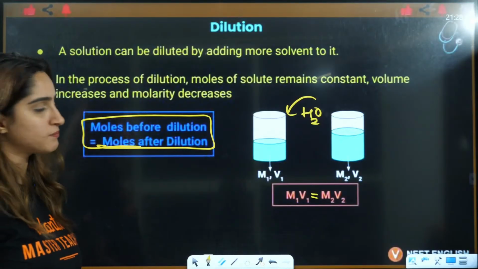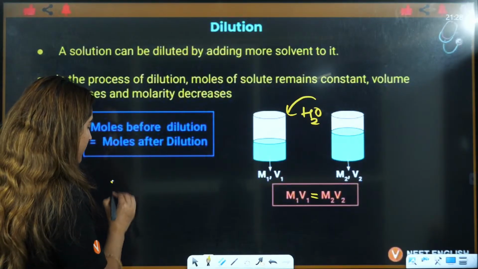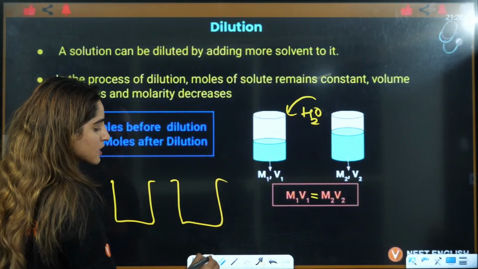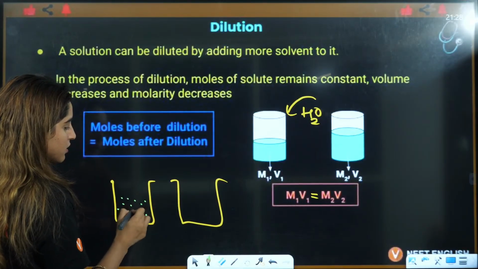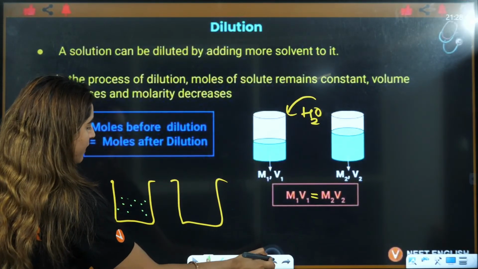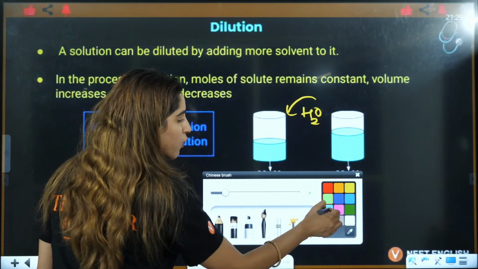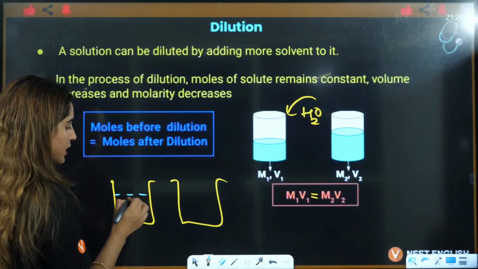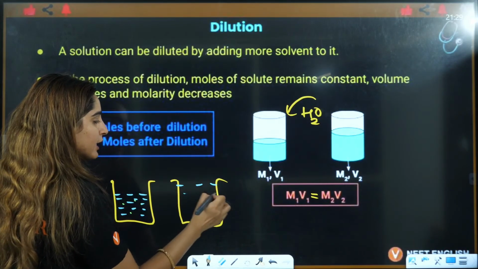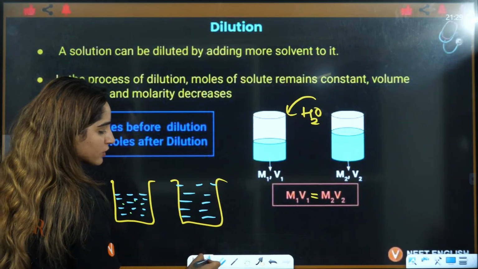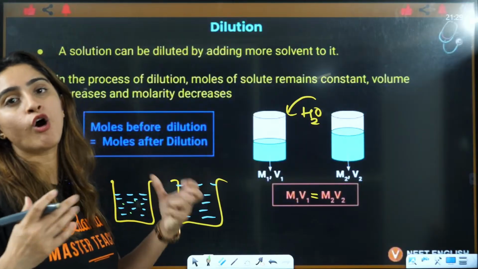Can you tell me why the moles are equal? See, simple thing is, this is the beaker, right? Here you have these many particles, right? Okay, so I am drawing only 4 particles. Now it was up to this much, right? Now I am diluting it more. I have added water. Now I have not added any particle of that solute.